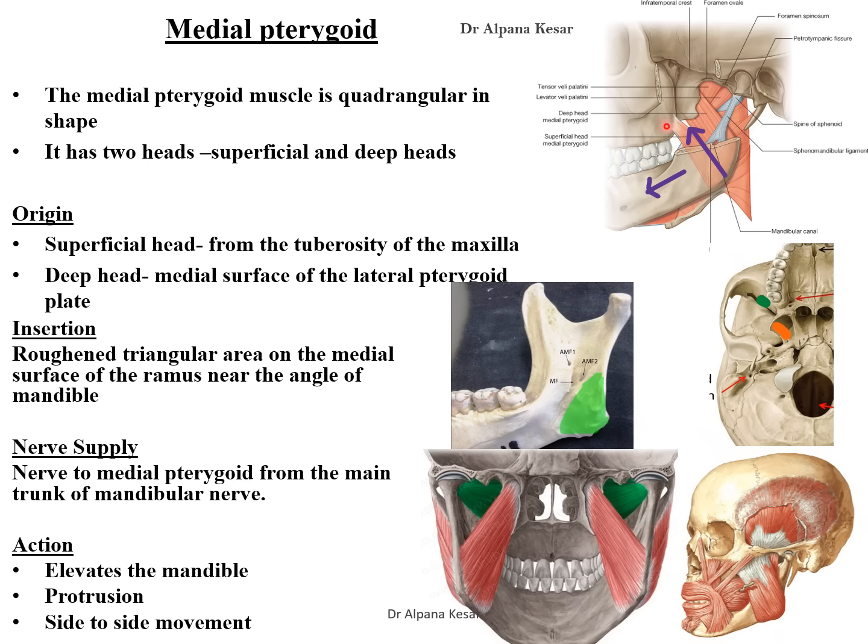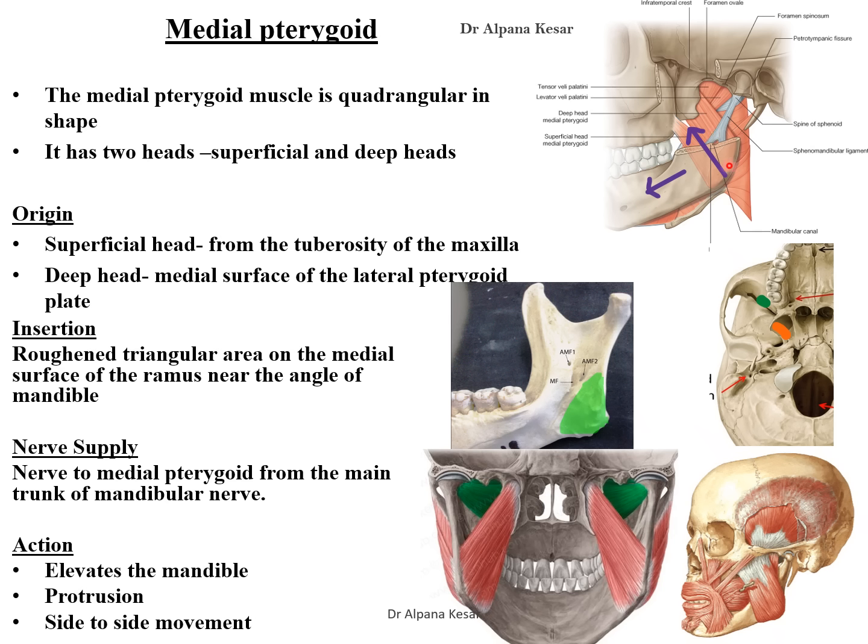The superficial head takes origin from the tuberosity of maxilla, and the deep head takes origin from the medial surface of the lateral pterygoid plate, marked here with orange. This is the superficial head and this is the deep head.